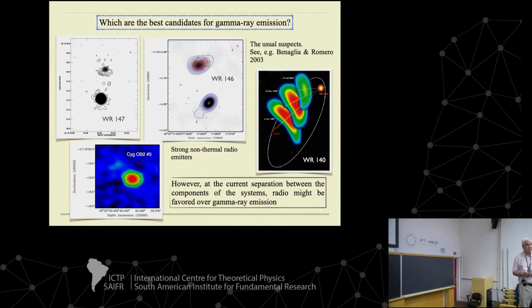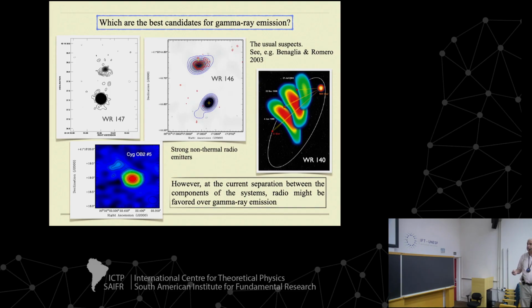This is the evolution of the colliding wind front in the binary system as seen by synchrotron radiation measured by the Australia Telescope Compact Array. And also we have this other system in Cygnus OB2, system number 5 in this stellar association. So all these candidates were predicted almost 25 years ago by Paula Benaglia and myself.